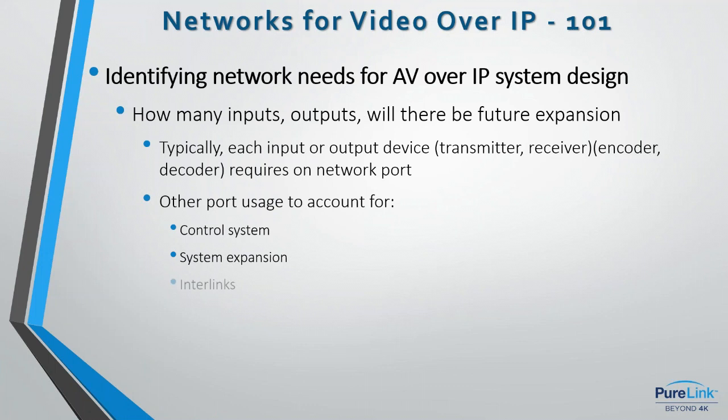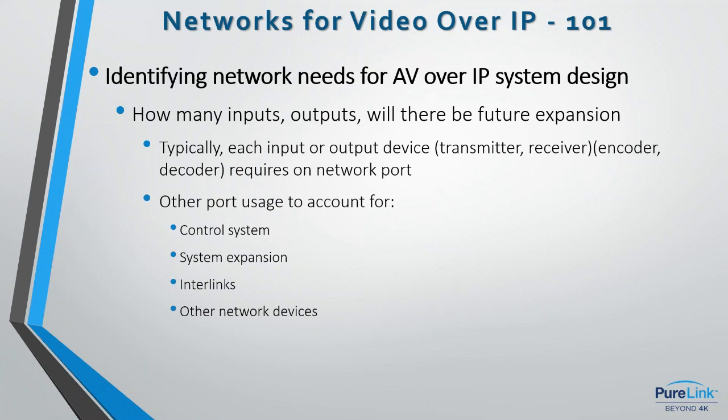System expansion. So you might want to have an understanding of six months, a year, two years from now. Are there other rooms that are going to come online? Is there additional needs? And then interlinks. So in a case where you might have more than one network switch, you need to connect them together. So you have to account for ports on that. We're going to get into that.